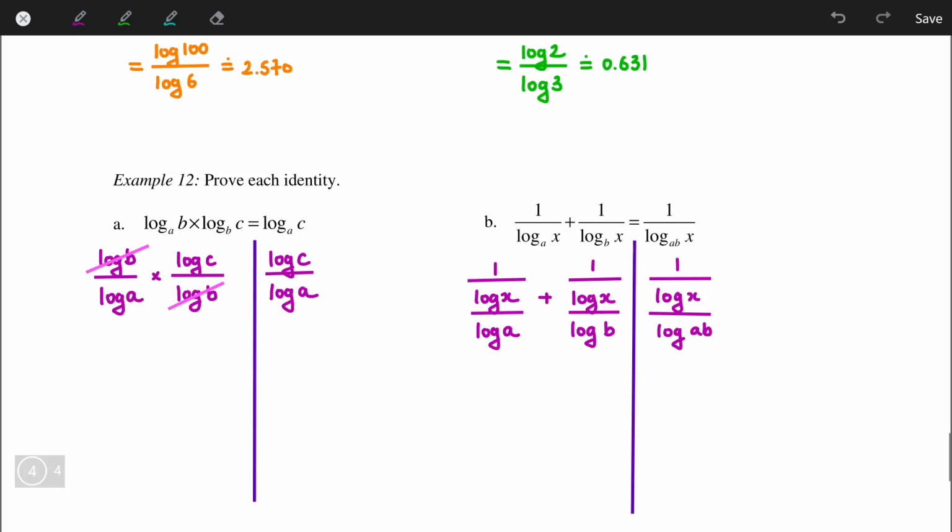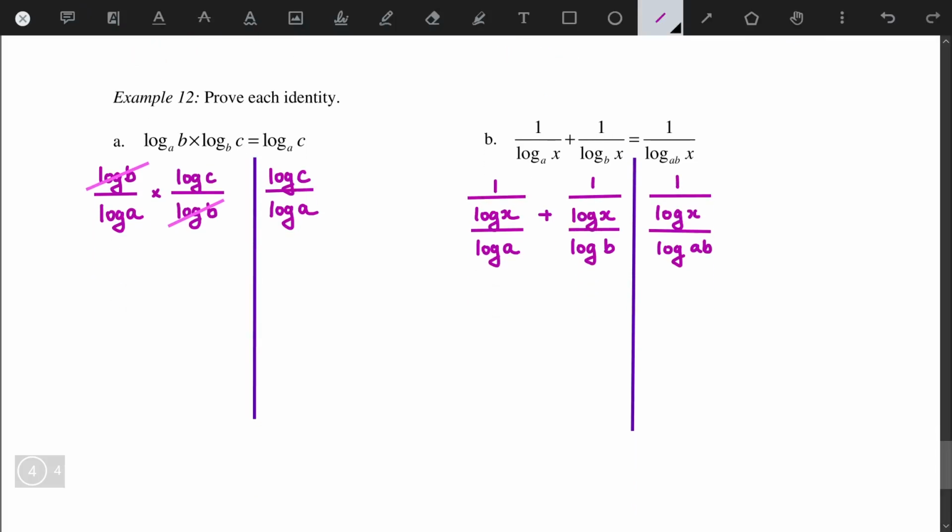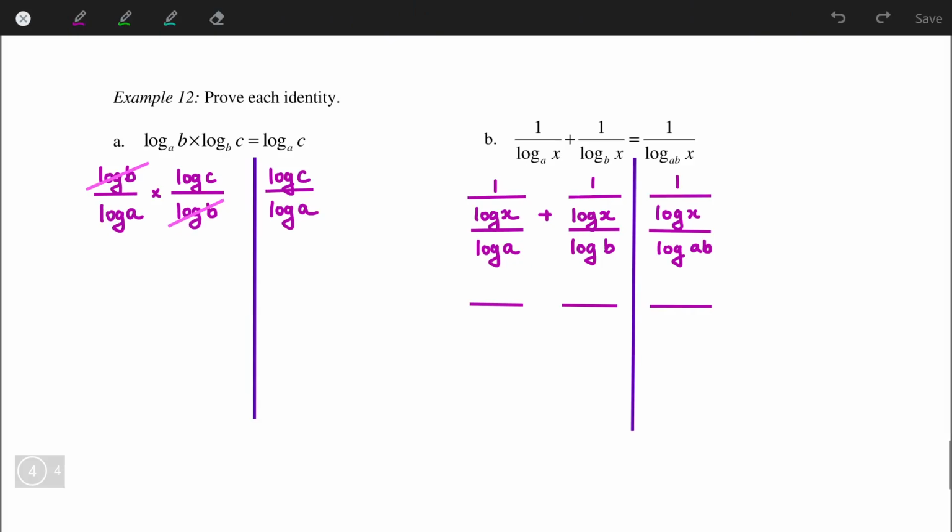Okay, so to simplify the expressions on both sides a little bit, we're going to take the reciprocal of each term. So here we have log a over log x plus log b over log x.